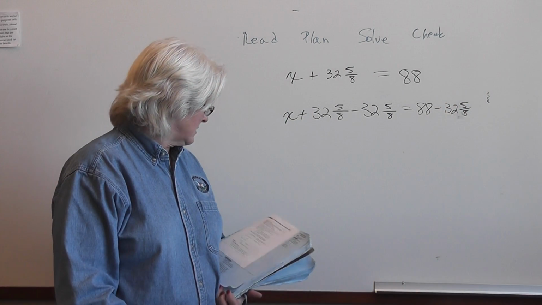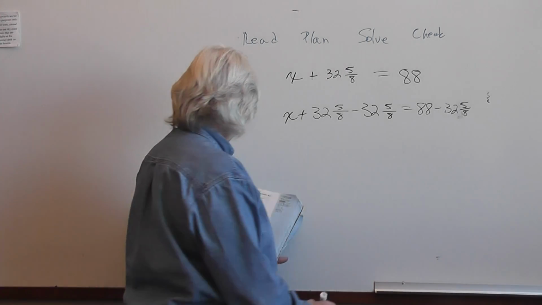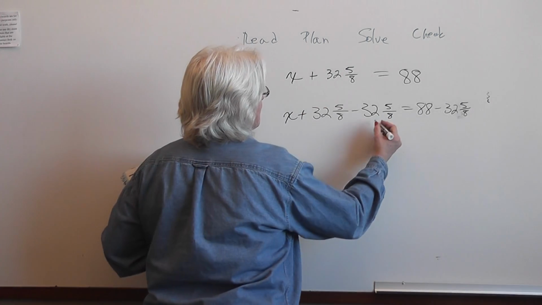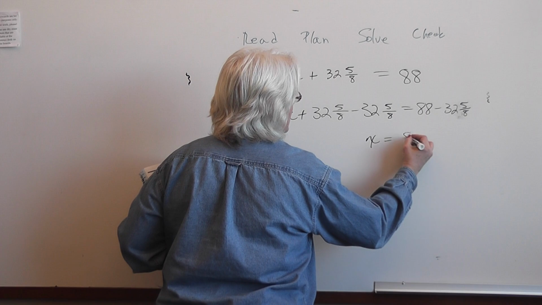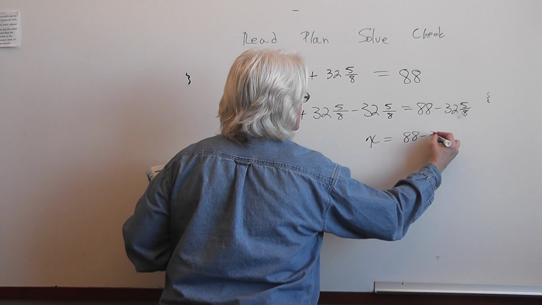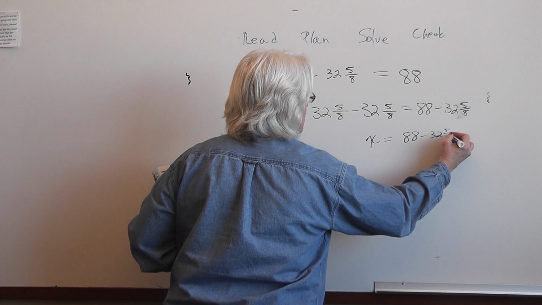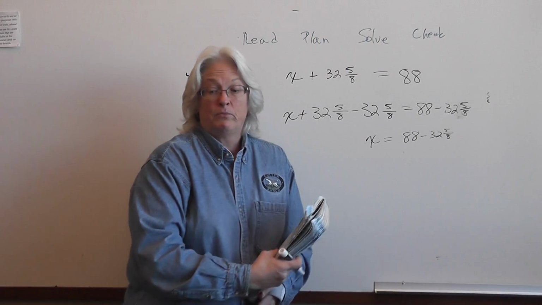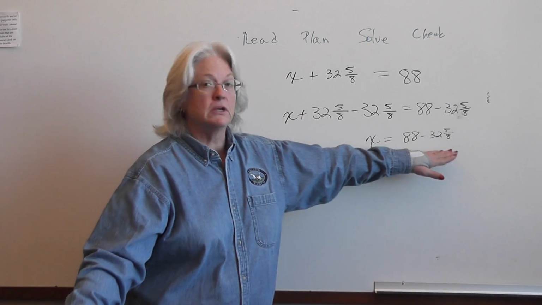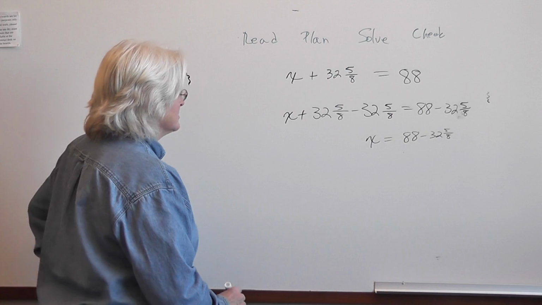So x is going to be equal to 88 minus 32 5/8.